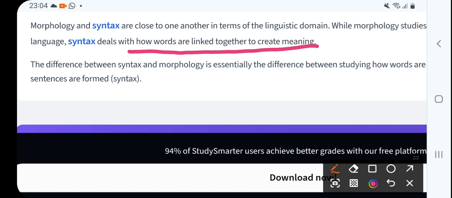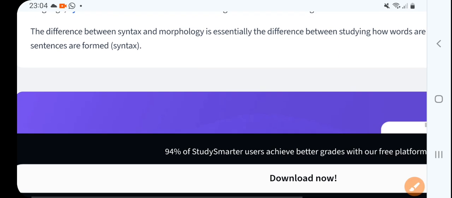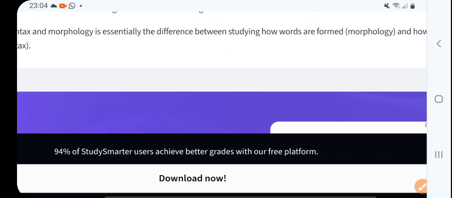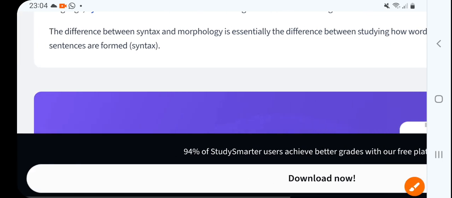It deals with how words are linked together and create meaning, right. The difference between syntax and morphology is essentially the difference between studying how words are formed, that is morphology, and how sentences are formed, that is syntax. Okay, very important: how words are formed is morphology, and how sentences are formed is syntax.